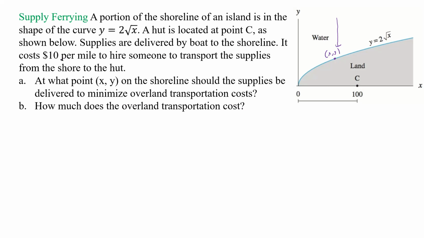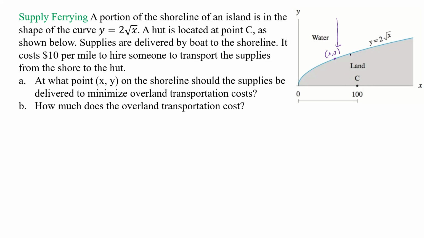Because it costs $10 per mile to hire someone to transport the supplies from this point to this point. Now we could go at this point here, but that looks maybe even longer than if we come over here. Now, if we start going over here, it's getting even longer. So if this is drawn to scale, we want to have the shortest distance, whatever it is.